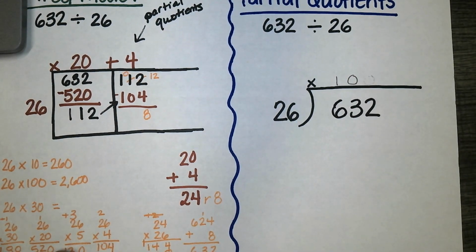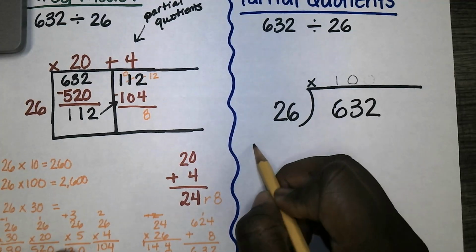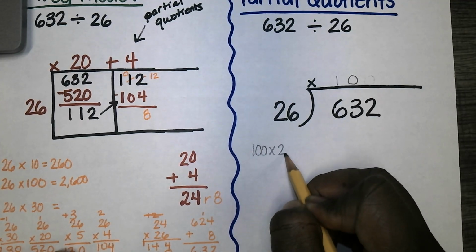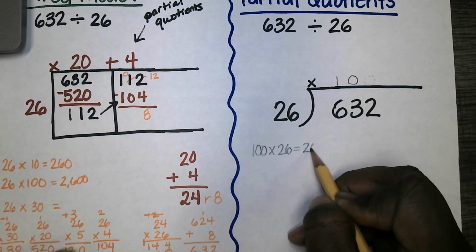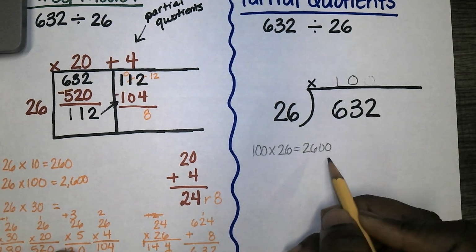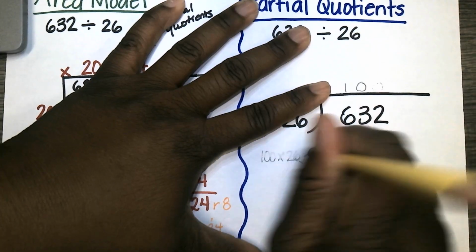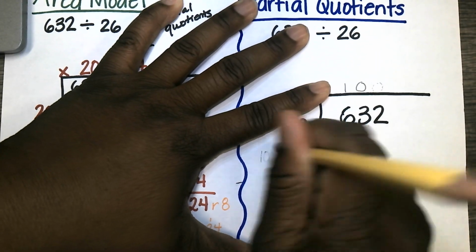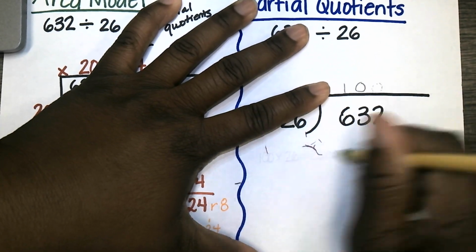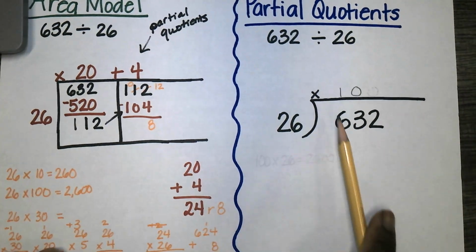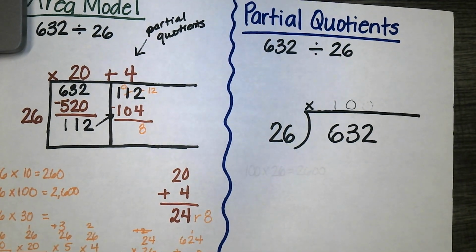And 100 times 26 is 2600. That ain't what we want. We want 260. The value of the 1 is based on the place that it's over.